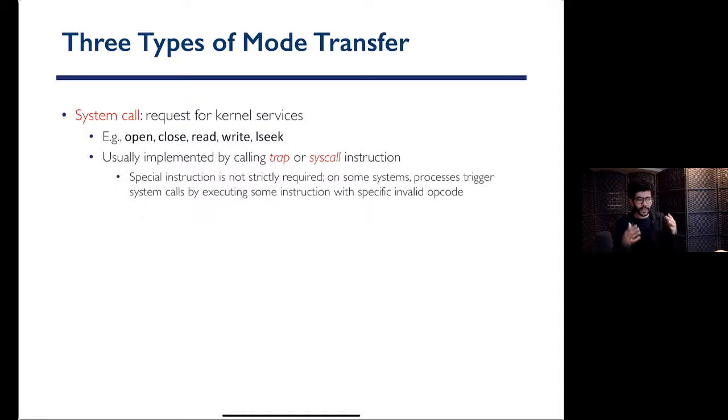In that case, there's a transition from user mode to kernel mode, because we need to run kernel code, right? These are usually called traps or syscalls. So anytime user code runs any of these, there would be a transition to kernel mode to take care of the system call.